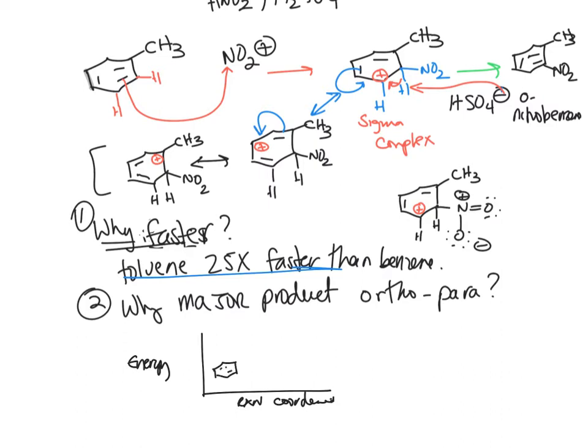So if benzene and toluene are equal here, so they're equal energy, and then let's say benzene goes here, and this is your sigma complex. And then you could see that here you have meta. So meta is still faster.